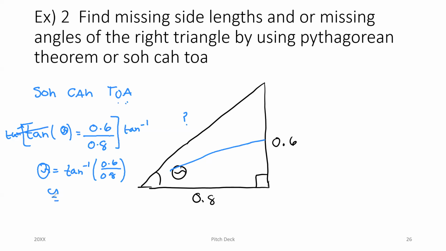And that gives you 36.869. Let's just round to 1 decimal, so 36.9 degrees. So your unknown angle is 36.9 degrees.